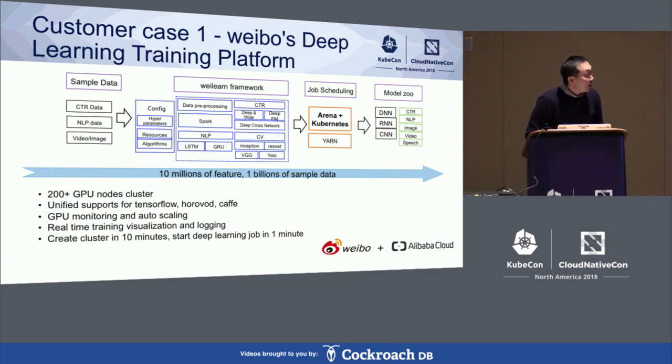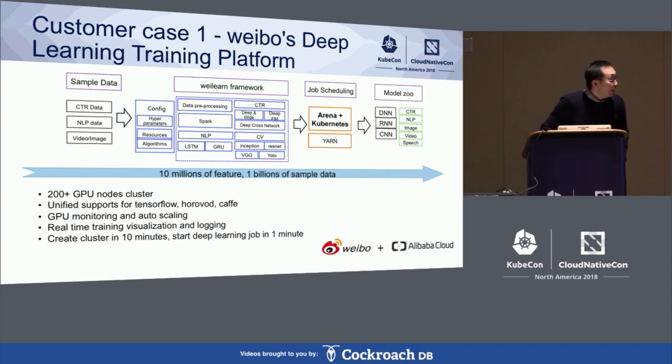Following are two key customer cases who are already using Kubernetes to run their deep learning jobs, and also using Arena to do all their daily work. The first one is the largest social network service in China, called Weibo, which is kind of like Twitter in the US. Their AI lab uses Kubernetes and Arena to do daily training jobs.